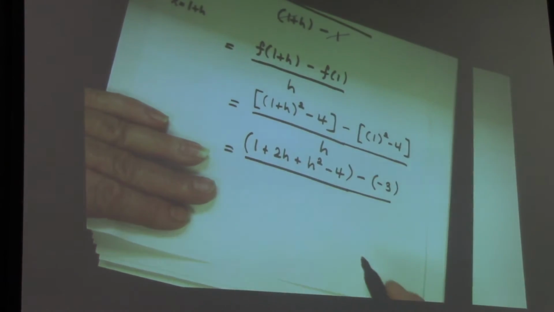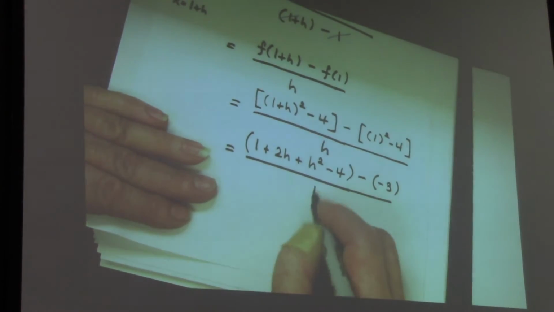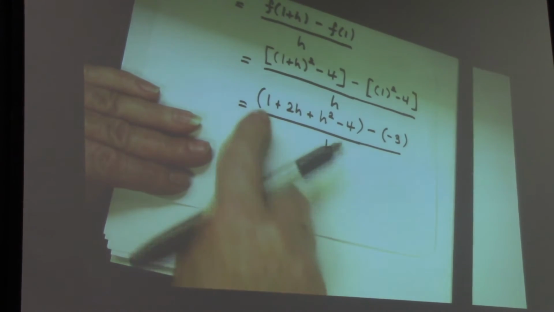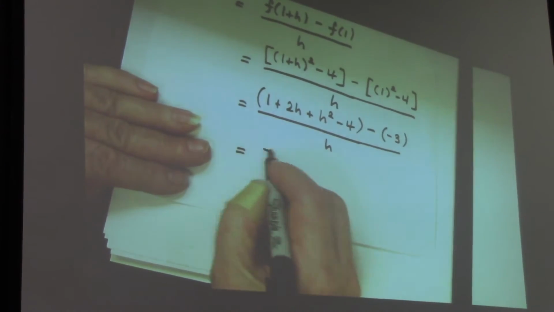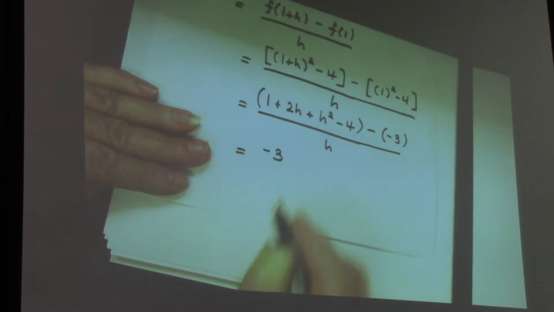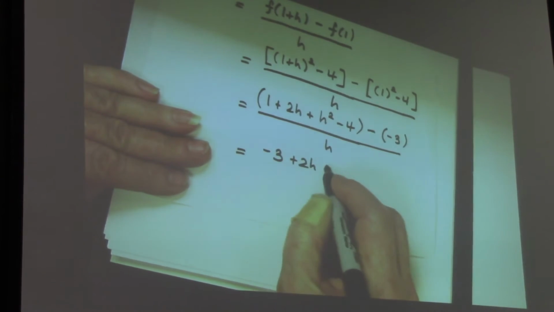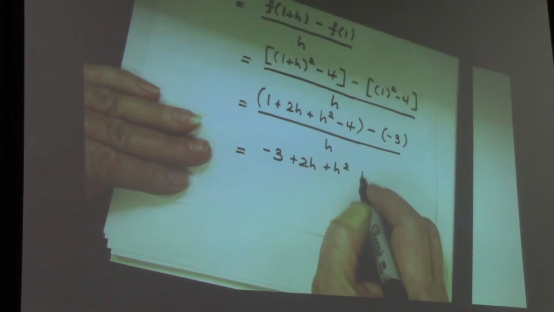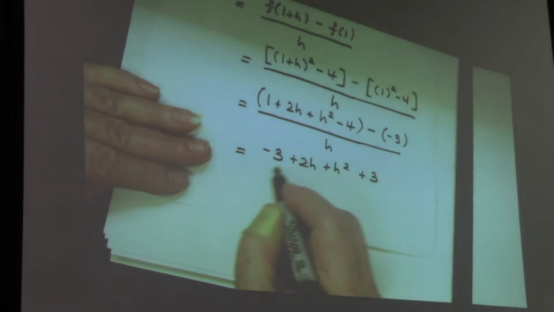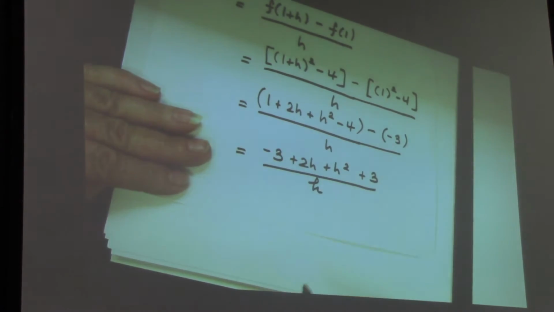Minus 3, so then you've got minus a minus 3, which is plus 3, over h. So we have 1 minus 4, that's negative 3, and then plus 2h plus h squared, and then minus a minus 3 is plus 3, divided by h.